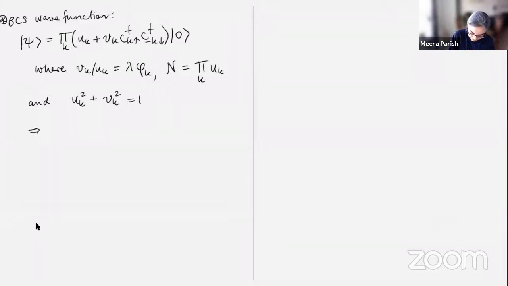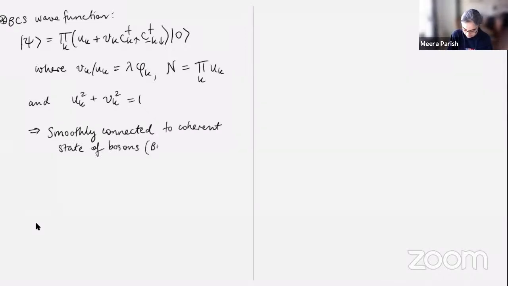So just to say, this is smoothly connected to a coherent state of bosons. That's the BEC limit, and BCS is smoothly connected to the BEC limit. Because you can see also what's interesting about this state is that it can also describe a non-interacting Fermi gas in one limit.